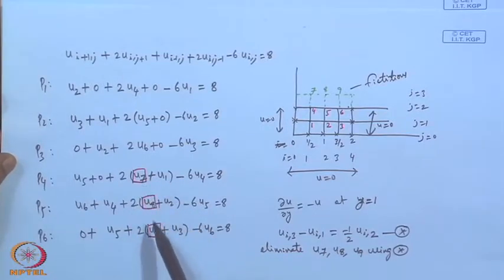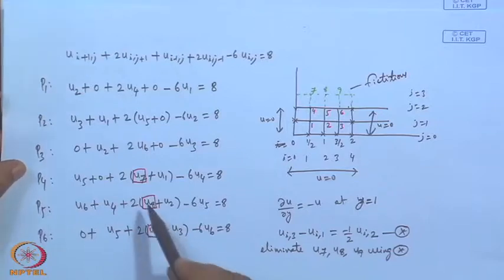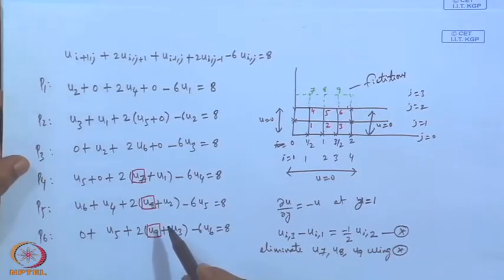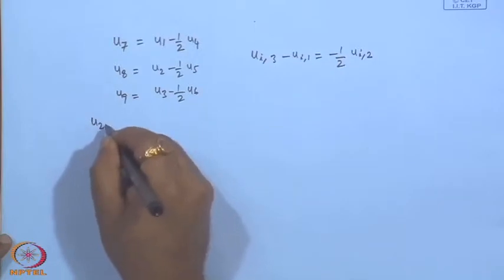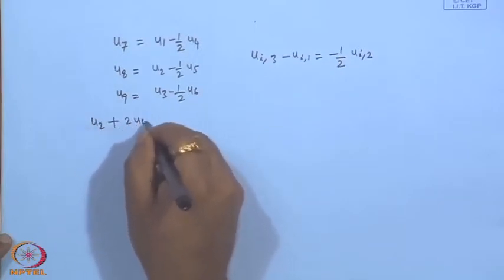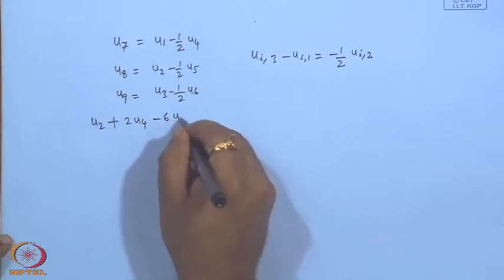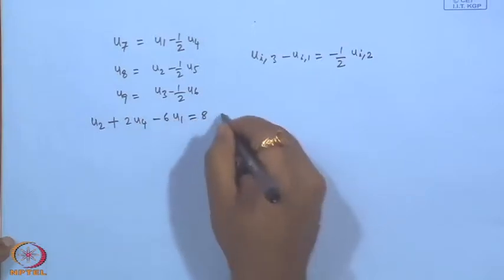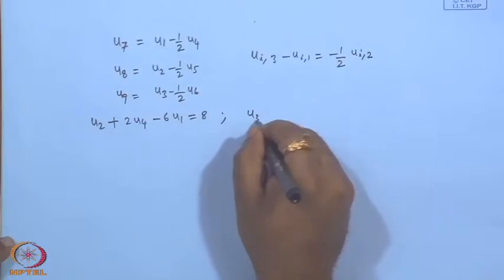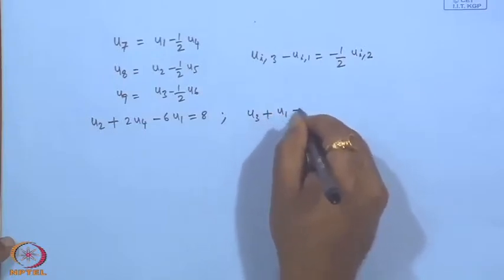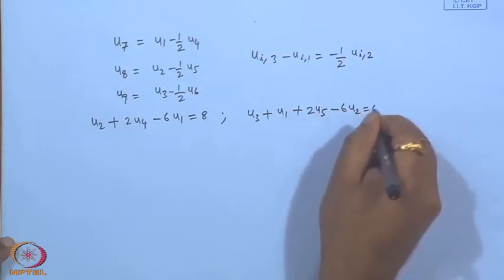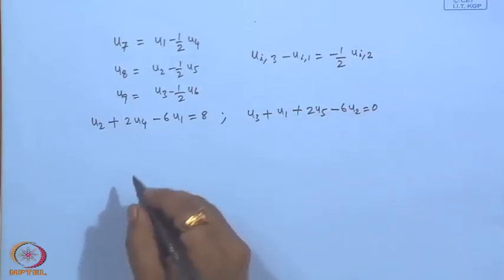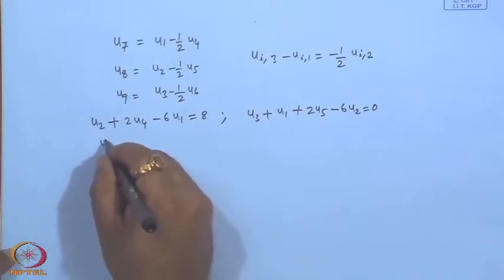So, we eliminate. So, let us do that. If we do that, we get u 2 plus 2 u 4 minus 6 u 1 is 8, then u 3 plus u 1 plus 2 u 5. So, these are nothing but the earlier equations.